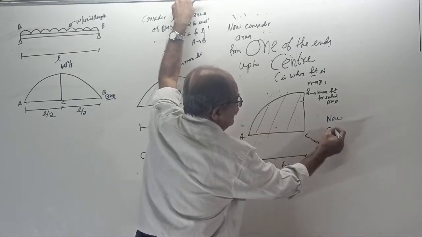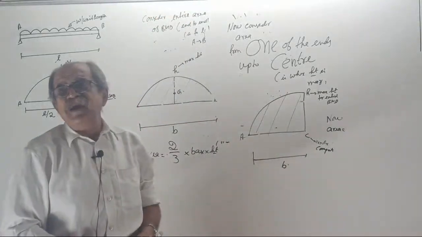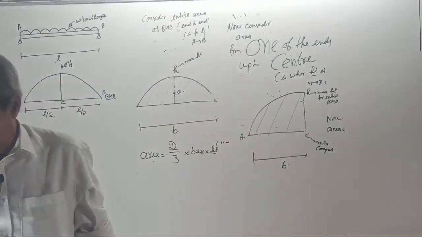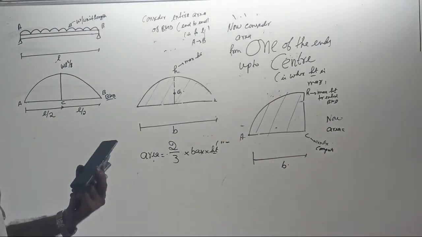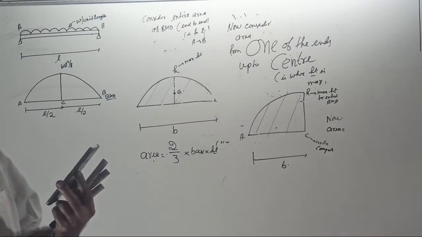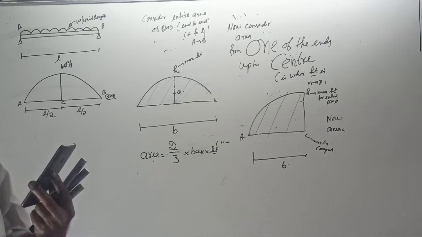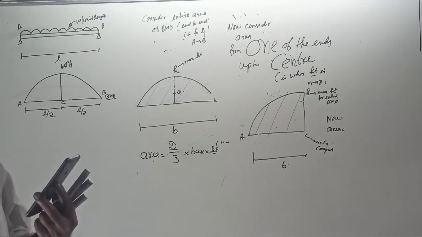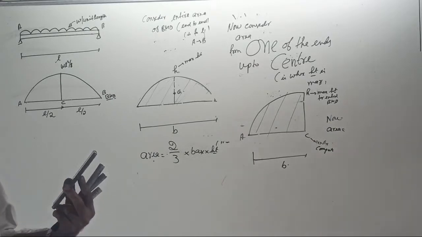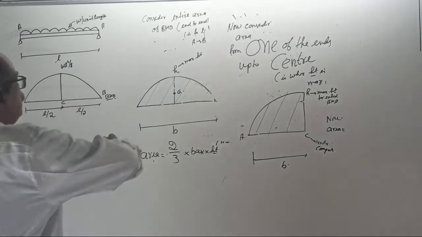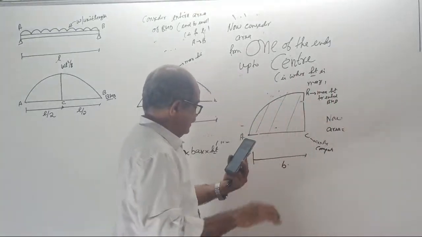Tell the area. Full area is 2/3 base into height. Now this is half the area. How much is the answer? Fast. See, if you take the full area, it is 2/3 base into height.